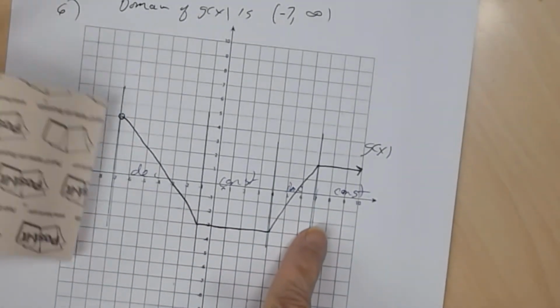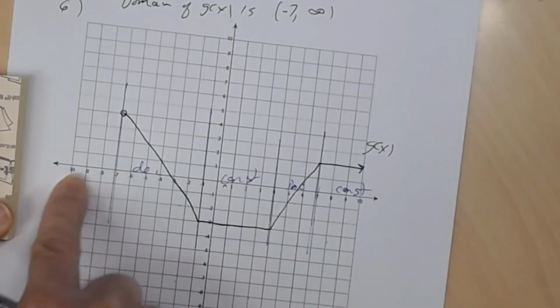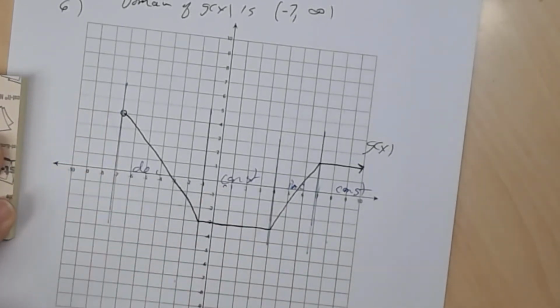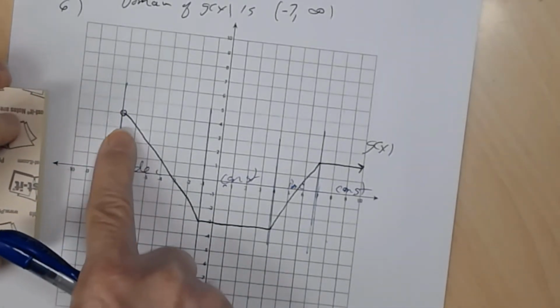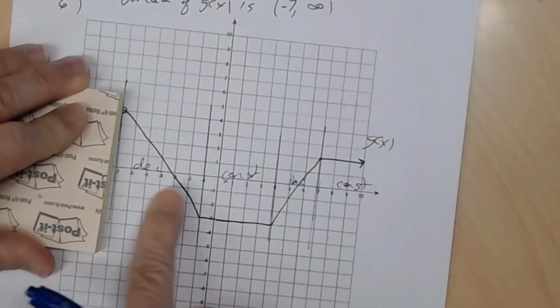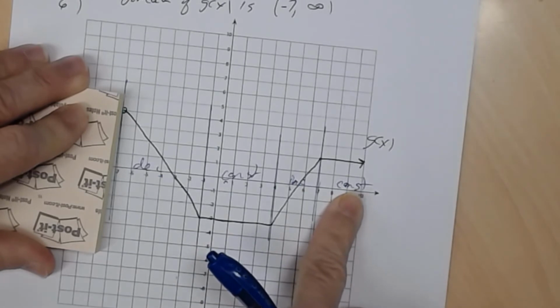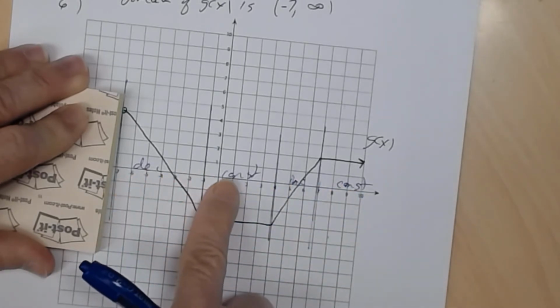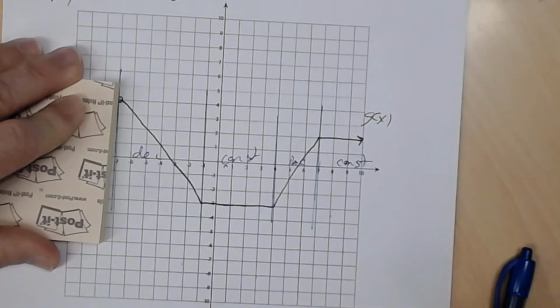Now remember, your domain started here, so don't think this is an interval, okay? That's not an interval because there's no graph over here. This is where your graph started. All right, so these are your intervals. 1, 2, 3, 4. Y'all agree? 1, 2, 3, 4.